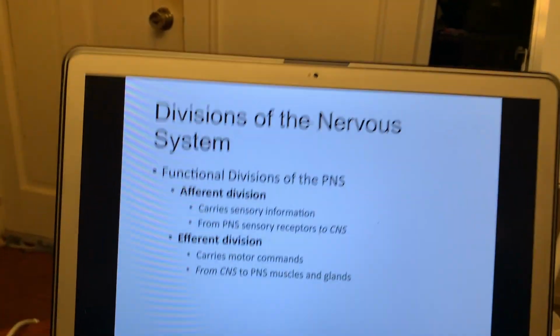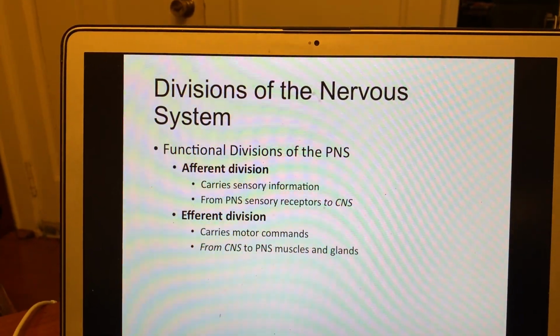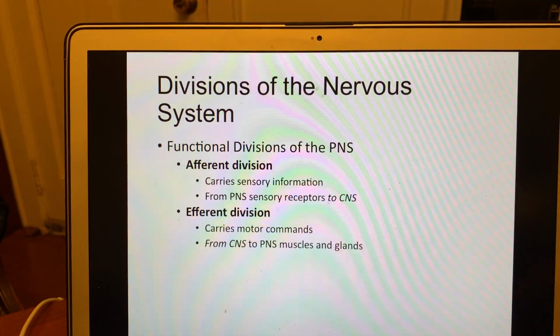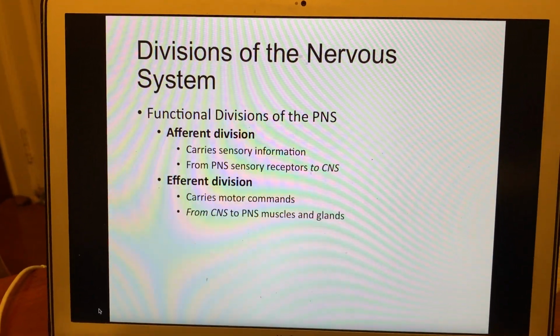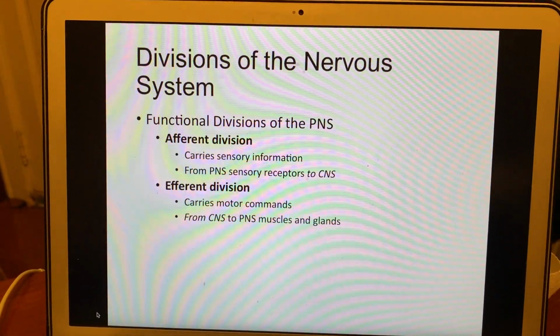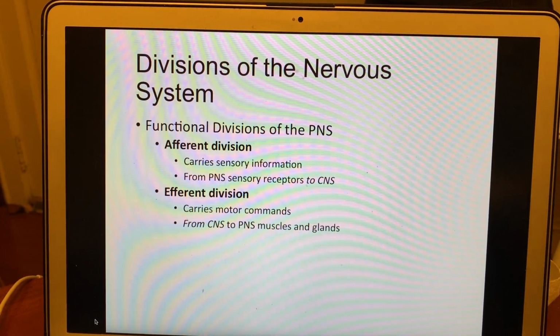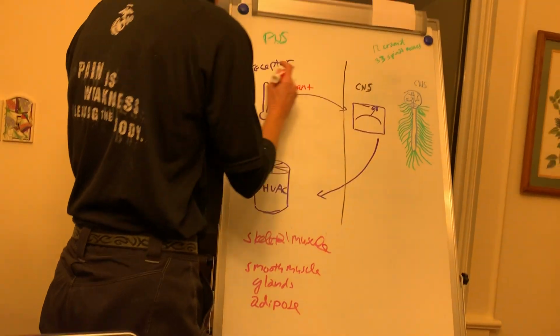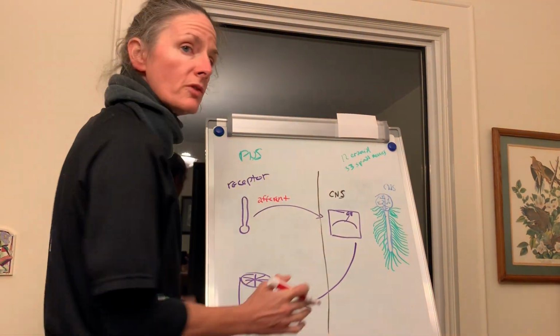All right, so let's look a little bit at the peripheral nervous system, and we're going to look at what we call the afferent system. And the afferent system is the part that brings information to the central nervous system. So in our diagram here, that would be everything bringing information from receptors to the central nervous system.